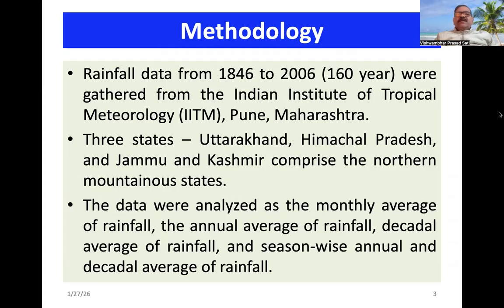And as the Western Himalayan region comprises three states, Uttarakhand, Himachal Pradesh, and Jammu and Kashmir, we have collected the data from these three states. The data were analyzed as the monthly average of rainfall, the annual average of rainfall, decadal average of rainfall, and season-wise annual and decadal average of rainfall.